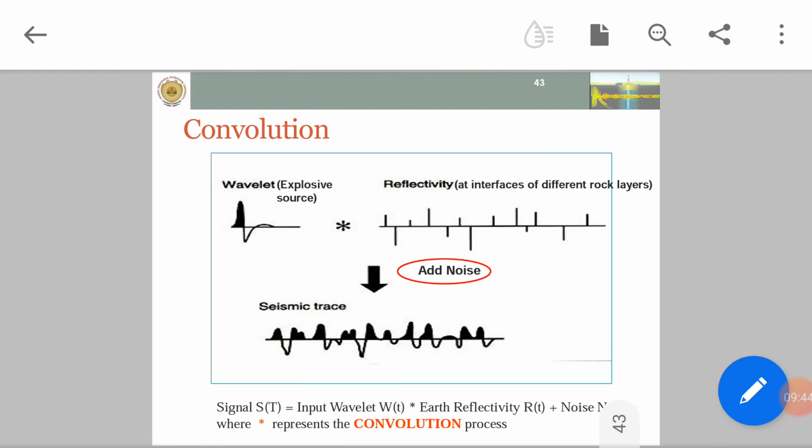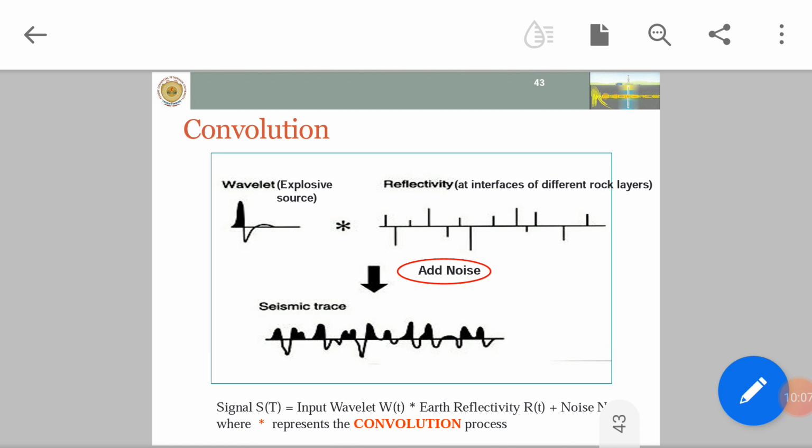We should understand convolution once again, because convolution is a process which was utilized to convert the reflectivity into a seismic trace. Reflectivity at the interfaces of different rock layers was convolved with a wavelet, which is the explosive source, and which gave us the seismic traces.